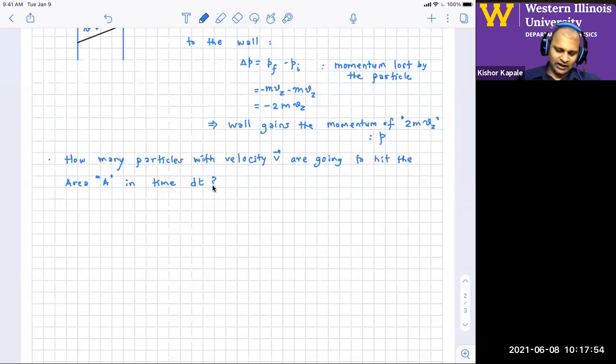Okay, let me just write the answer to that, right? So how many particles are going to hit? I'm not writing the number per se, but I'm writing how to calculate it, right?